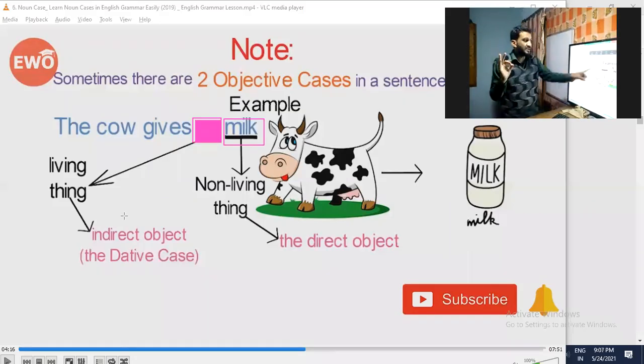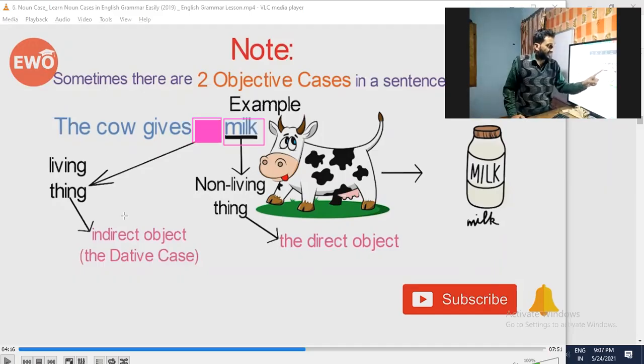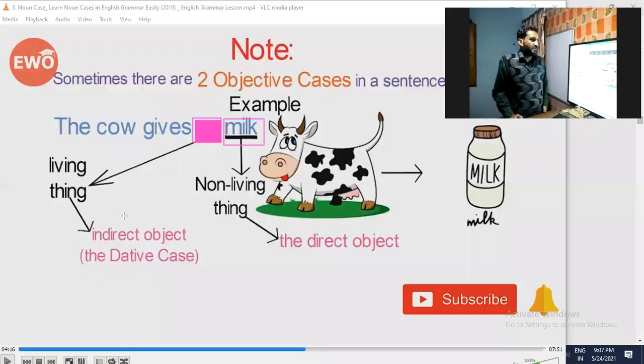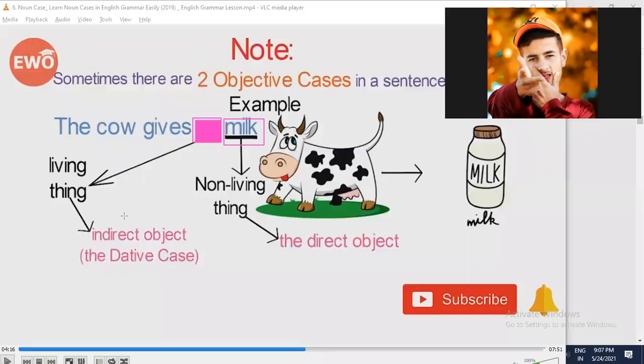Milk. Which is the object? Sorry, not who, because who comes with persons and living things. So this is a non-living thing. So which is the object in the sentence? Milk. Is it direct object or indirect object? Direct. Yes, this is the direct object.